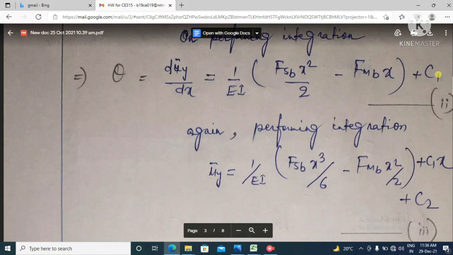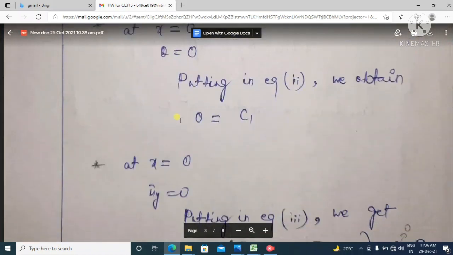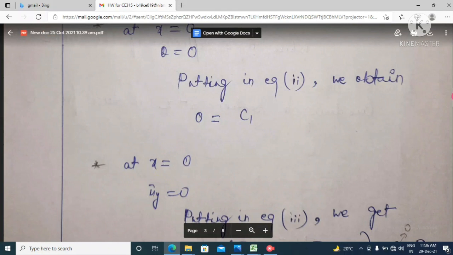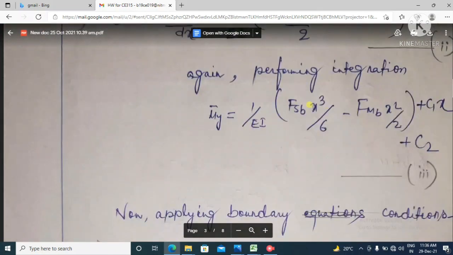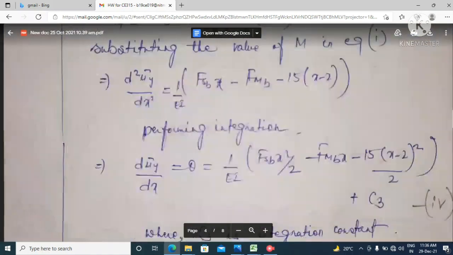Now we will substitute this whole thing, and the value of C1 we will get as 0. And again at x is equal to 0, our displacement Uy is also 0. So when we put x is equal to 0 in this equation, you will also get C2 as 0. That's why I have written here C2 is also 0.